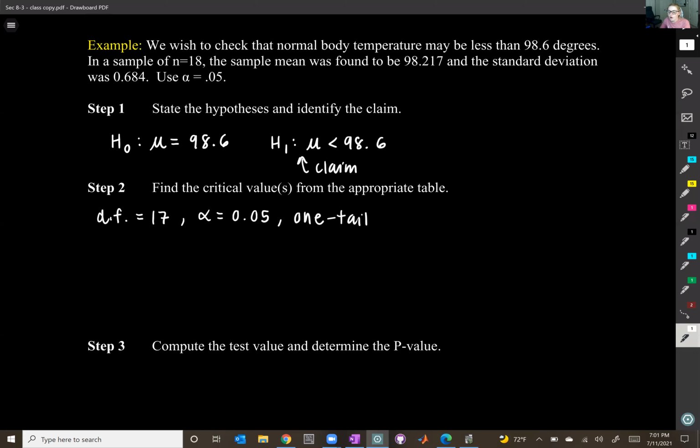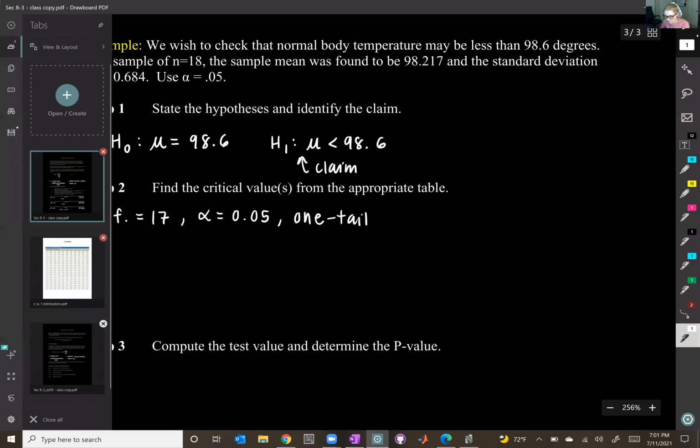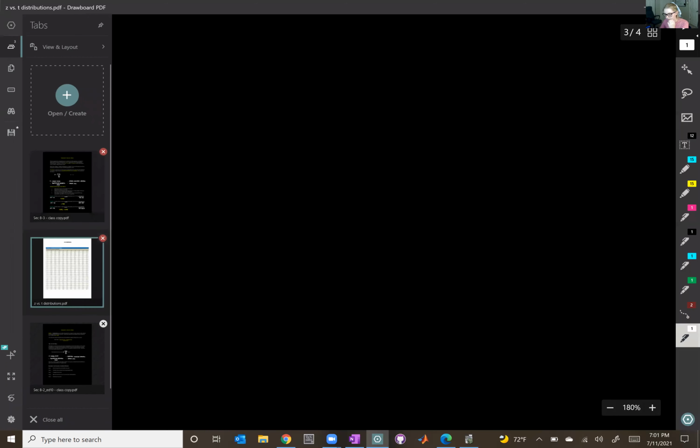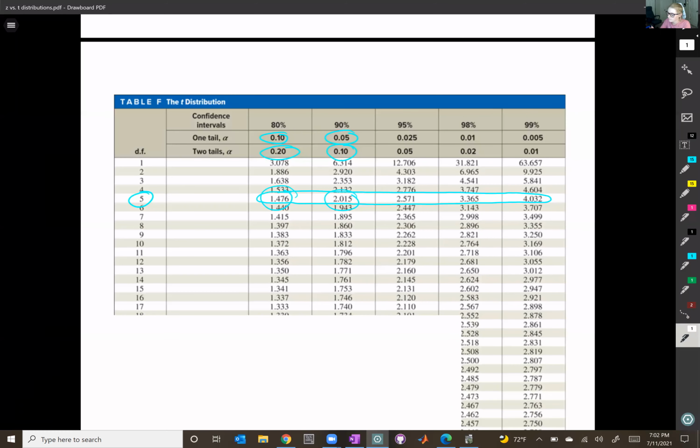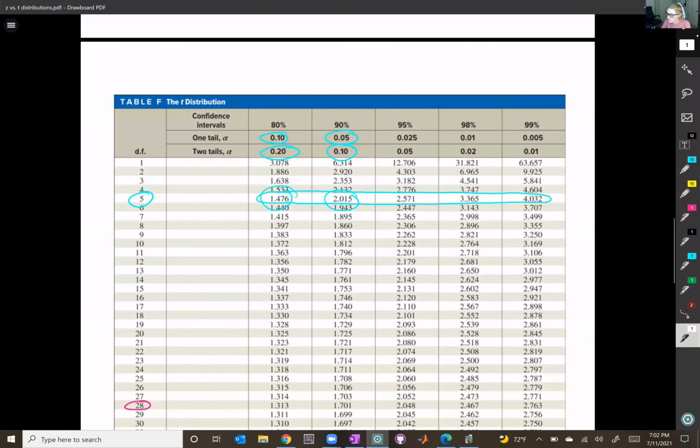Okay, so to do that, we're going to go to our chart and figure out what this value is. Oh, it really doesn't want me to erase that 28.